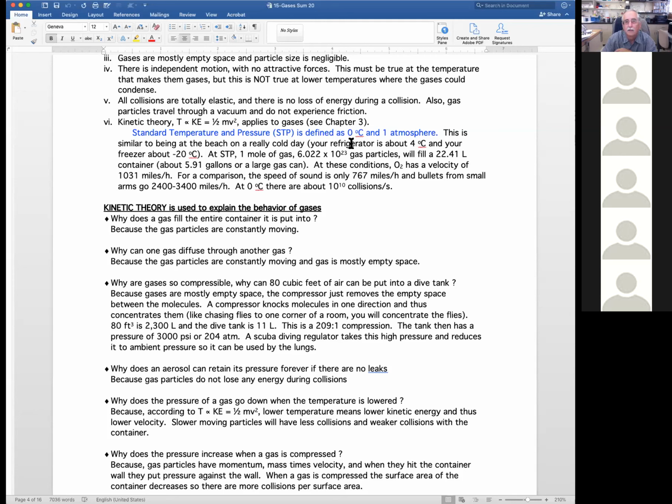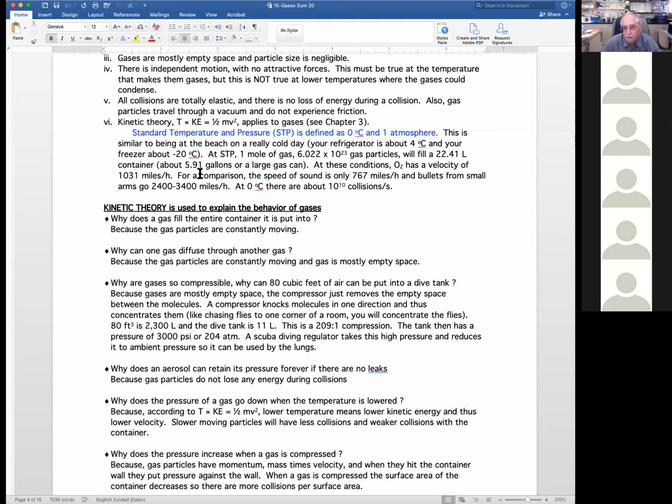So anyway, you're down at the beach on a really, really cold day, and at STP, 1 mole of gas, which is that many gas particles, would fill a 22.41 liter container. That's almost 6 gallons. That's the largest gas can you can buy. 6 gallons.